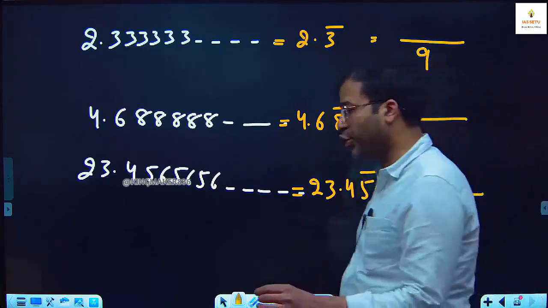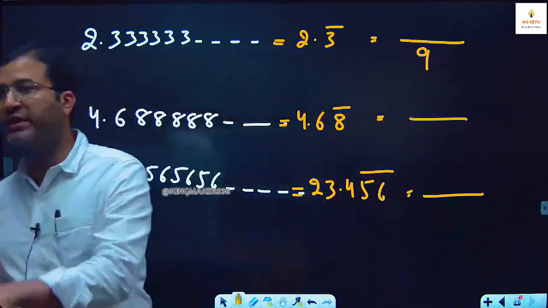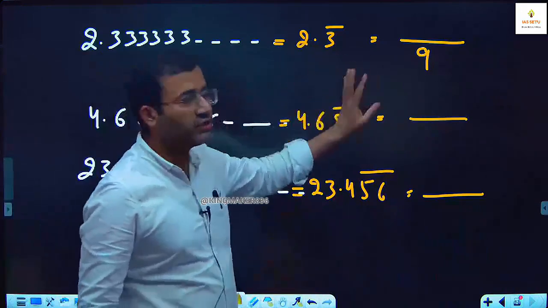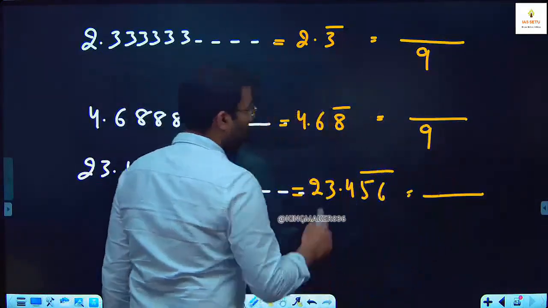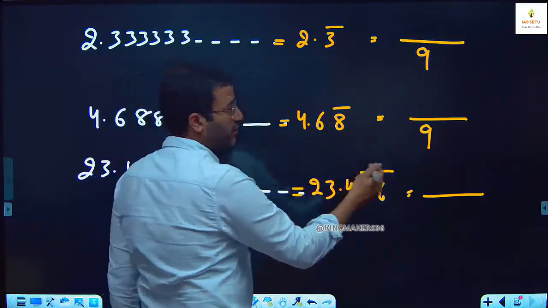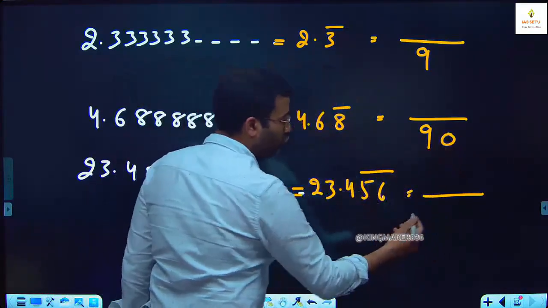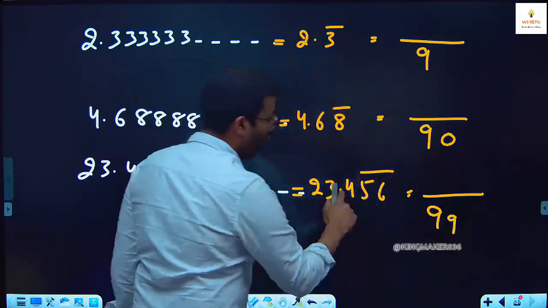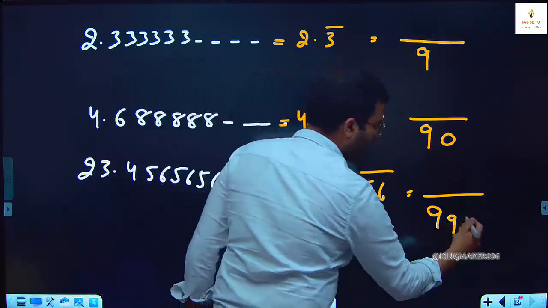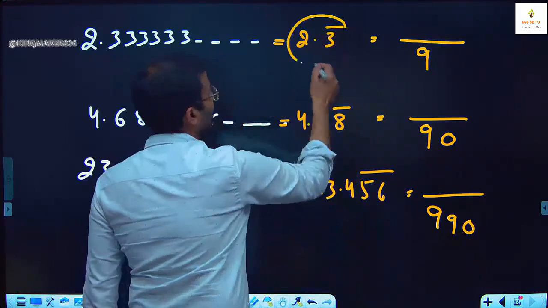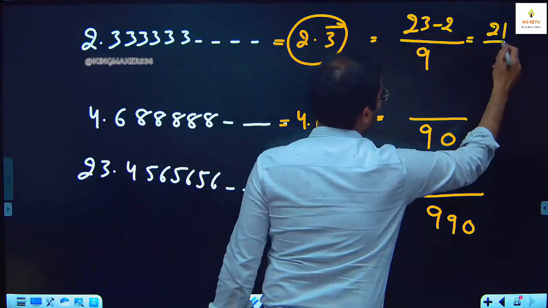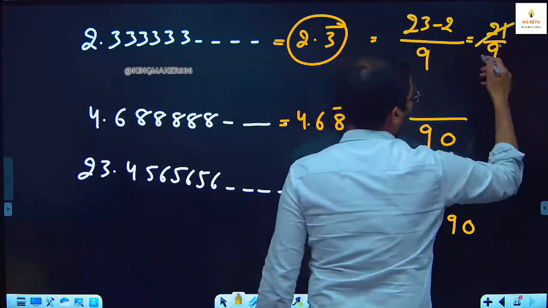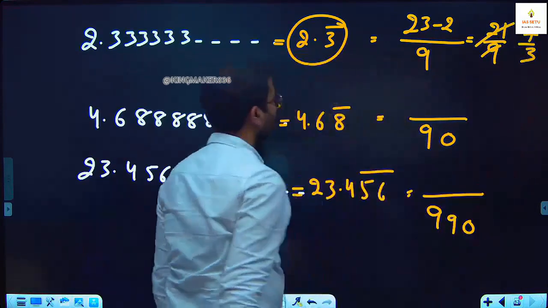As many 0s as many digits between decimal and recurring part, so there is no digit, so we will not put 0 here. Here there is one digit in the bar, 9. There is one digit between decimal and recurring part, 10. Here there are two digits under the bar, 99, one digit between decimal and recurring part, 0. Here the numerator is 23 minus 2. So it is 21 upon 9. So it is 7 by 3.